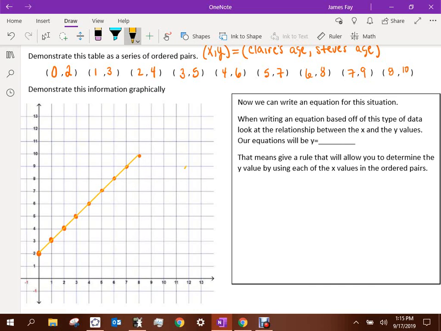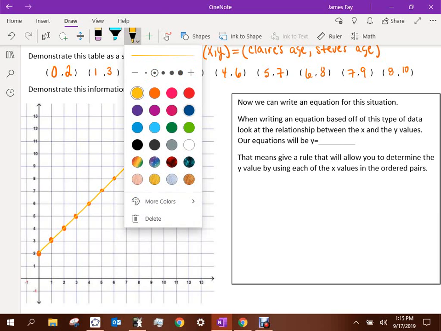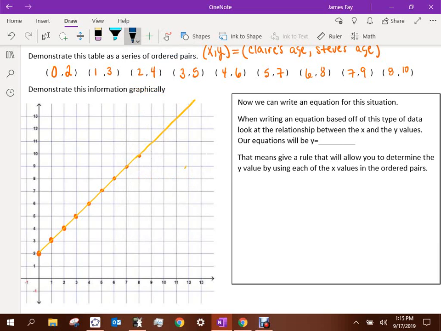And what that would allow me to do is say, okay, even though we don't have the data point for when X is 12, when Claire is 12 years old, if we extend that graph, keep pulling that in this direction, and I want to know when Claire is 12, so I'm going to find the line where Claire was 12, and we'll trace that up, and it's going to hit right there, and then work my way over.